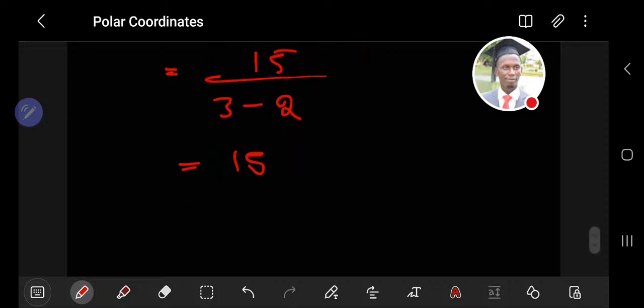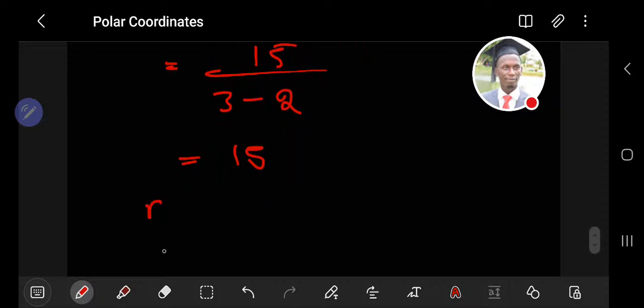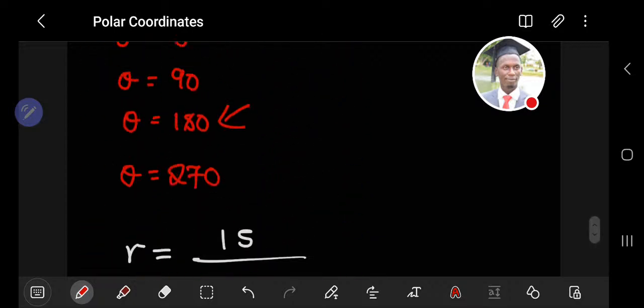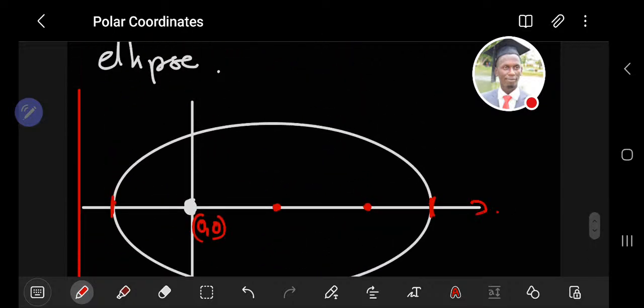So what does this imply? Well, now we have r comma theta represented by 15 comma 0. But we don't want r, we want x comma y, because what I'm having here is the x-axis and the y-axis.